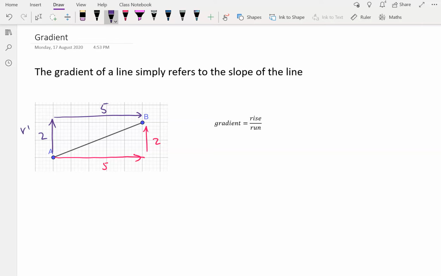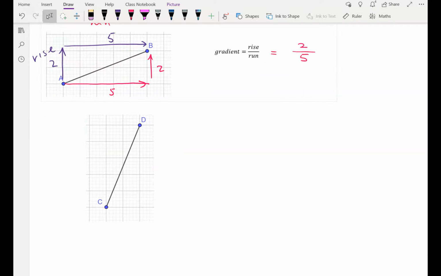Rise is how much I've gone up, and run is how much I've gone across. In this case, I can see that I've risen by 2 and I've run by 5. And so this fraction is going to describe the gradient, the slope of this line. It's a rise of 2 and a run of 5.